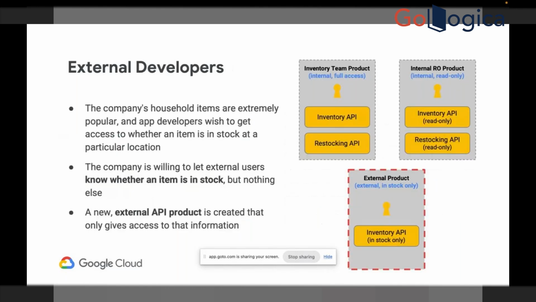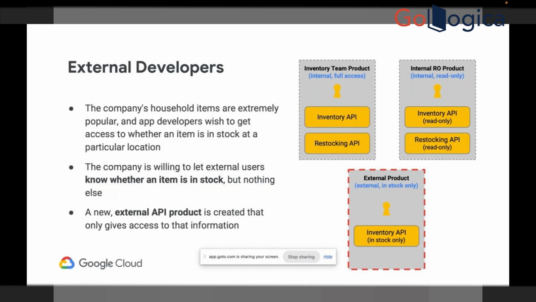Now after some time, if it is a big company, a big enterprise, their stores or showrooms are very popular. So a third party developer can come and say, we want to build an app. In my third party app, before going to your showroom, people can check if the item is in your stock or not.